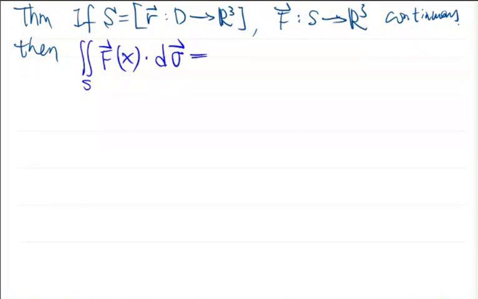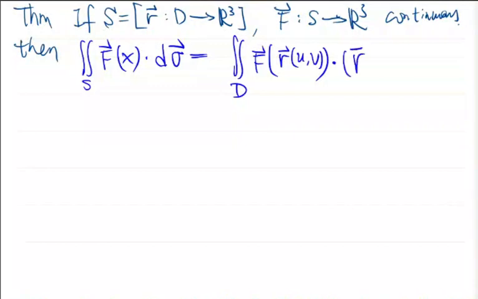So this is the double integral over the domain of the parameters, that is D. The integrand of this double integral is obtained by substituting x by the parametrization, then taking the inner product with Ru cross Rv, then du dv.